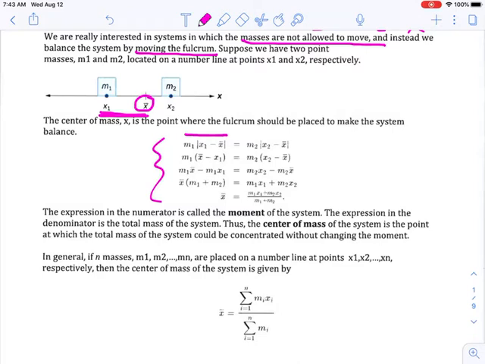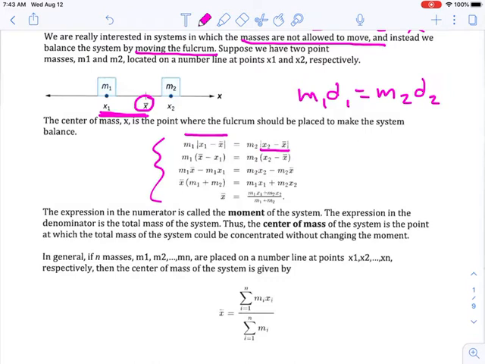It's not going to make any difference whether it's to the left of the fulcrum or to the right of the fulcrum. And then we do the same thing over here. We have our mass times the distance. So we're using the same formula, m1 d1 equals mass 2 times distance 2. It's just that the distances are being measured as the difference between the fulcrum position and the mass.